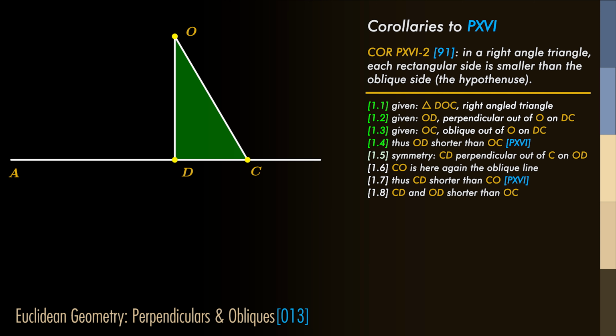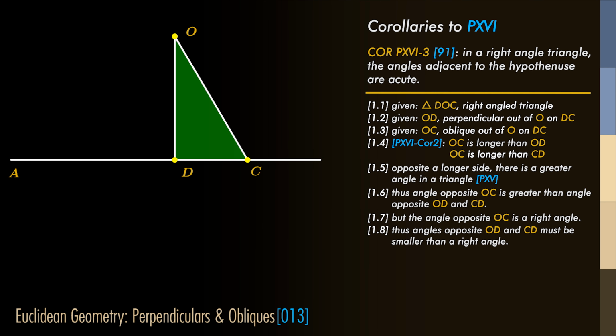But because of symmetry, CD is the perpendicular out of C on OD, and OC is again the oblique line, now out of C on OD. So DC is also shorter than OC. In conclusion, OC is longer than OD and DC, or in other words, the rectangular sides are always smaller than the hypotenuse.